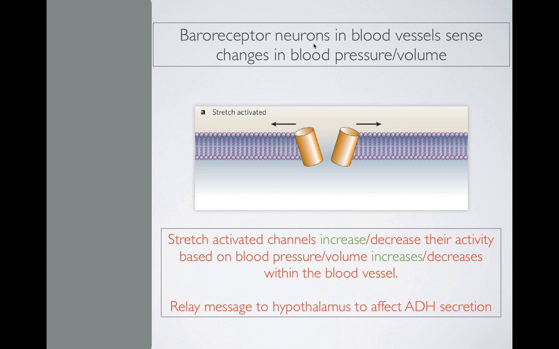Just to recap, these baroreceptors will be activated if the pressure in the blood vessel gets too high as a result of the volume getting too high. The neuron will stretch. That will physically open these sodium channels, and these baroreceptors will then fire an action potential.